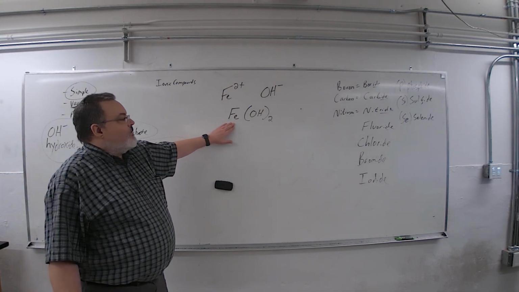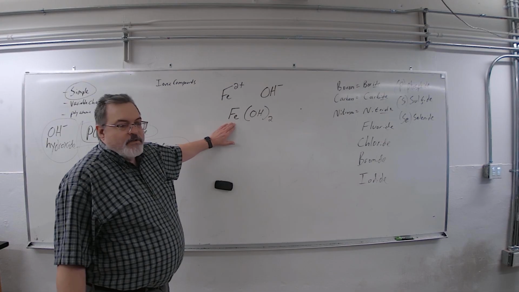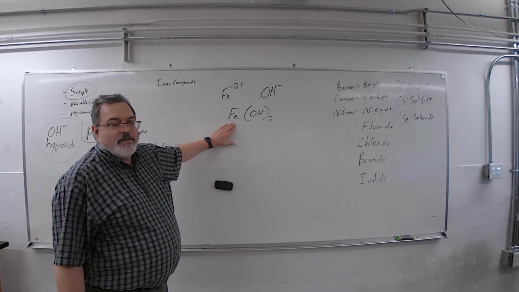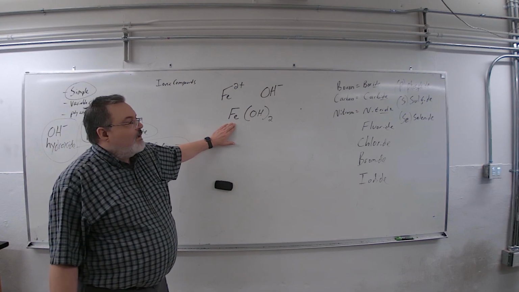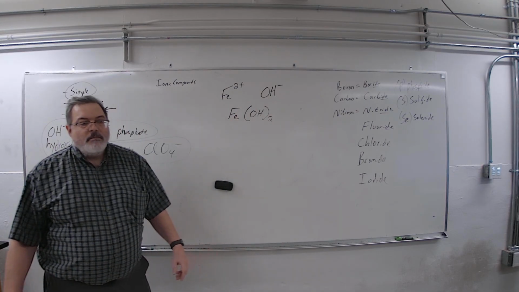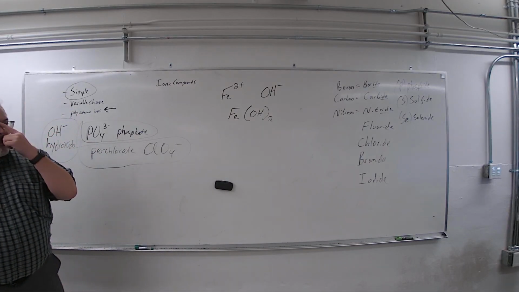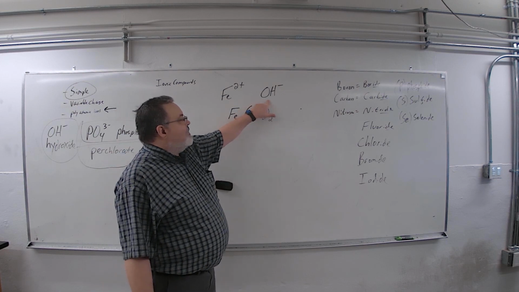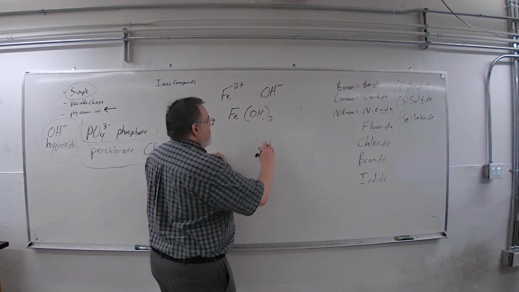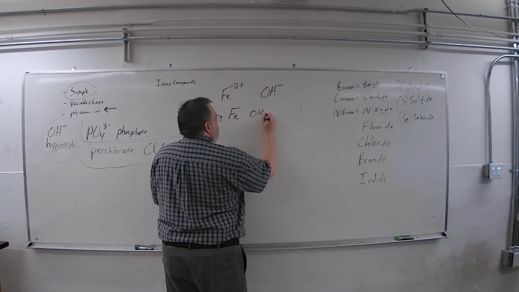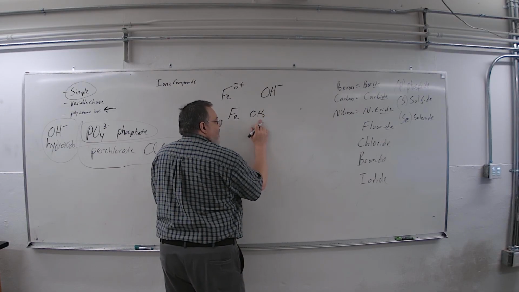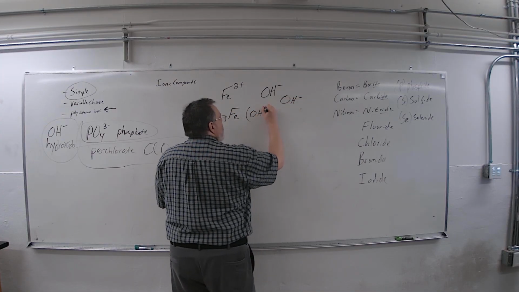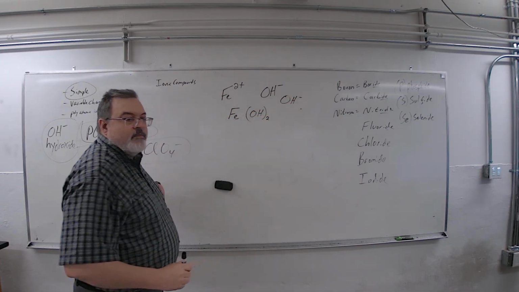That's called hydroxide. You just name this off the periodic table. That's iron hydroxide. It's not dihydroxide. The di, tri, penta, that doesn't show up in ionic compounds. It won't come up until we talk about covalent compounds. Why is that 2 there? Because I needed 2 of these. If I wrote it without parentheses, it would look like I have 1 oxygen and 2 hydrogens. But what I have is 2 of those. So I'll put a 2 there.